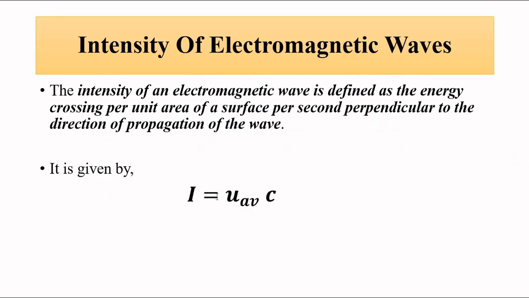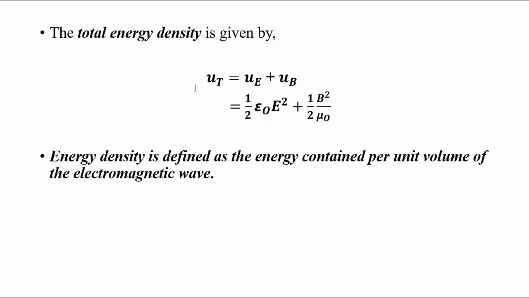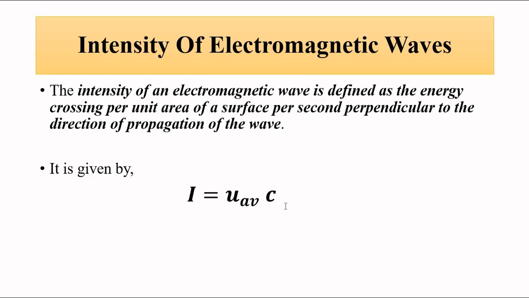So this is expressed as the average energy density, which we discussed here, the total average energy density, multiplied with the speed of the electromagnetic wave in free space, assuming that we are considering free space, that is c.